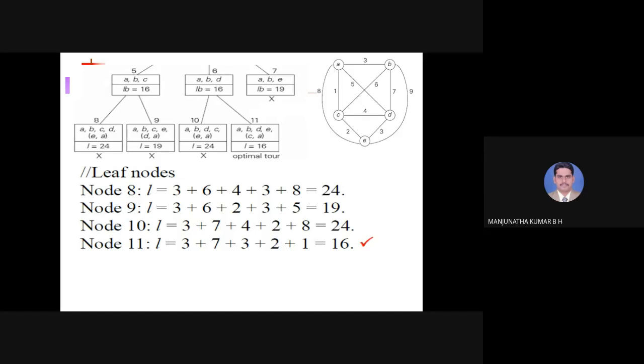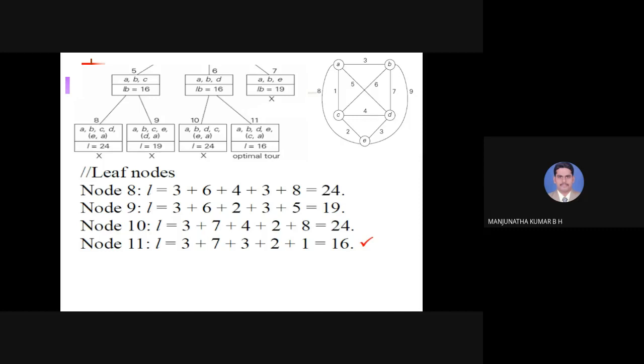In node 5 the label is ABC, means first A, then B, then C. Now how many choices are left after C? After C, either I may go to D or I may go to E. Correct? If I go to D, then it is ABCD. That is node 8. If I go to E after C, then it is ABCE. That is node 9. Is it clear? Node 8 is ABCD. Node 9 is ABCE.